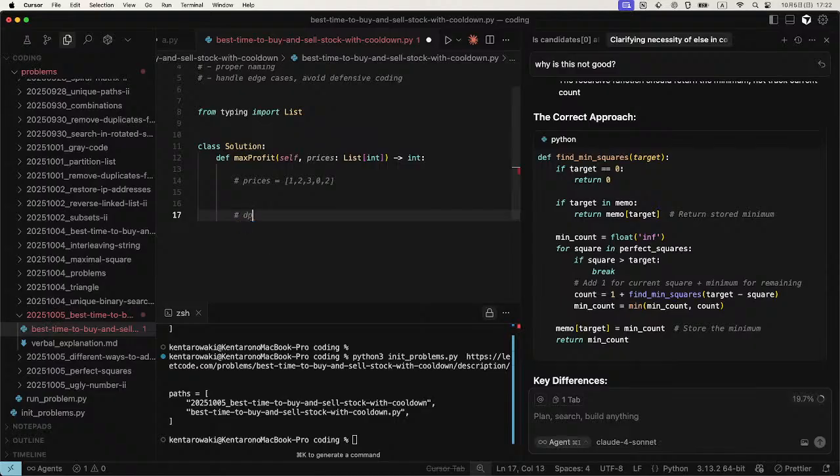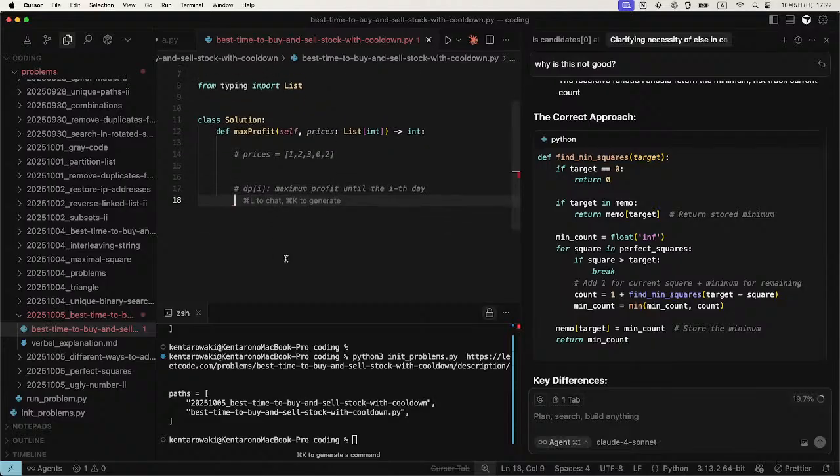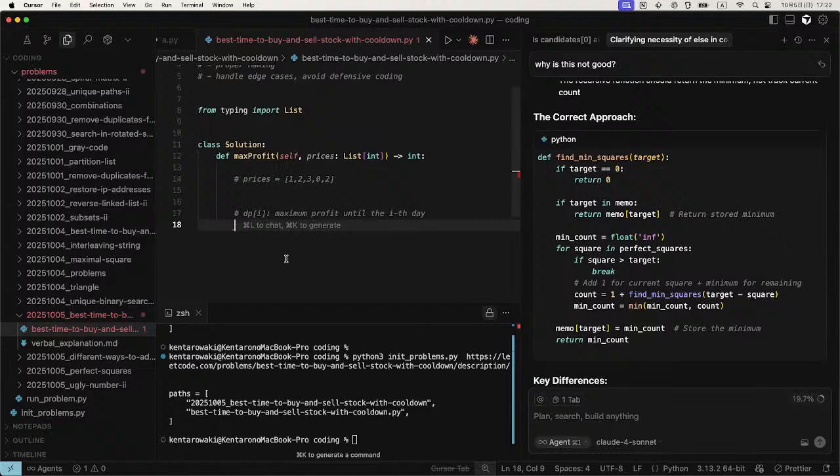But basically the DP[i] is like the maximum profit until the ith day. Yeah, and I think they also have a state, right?